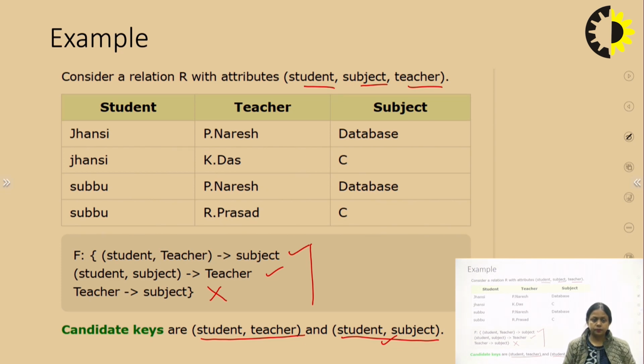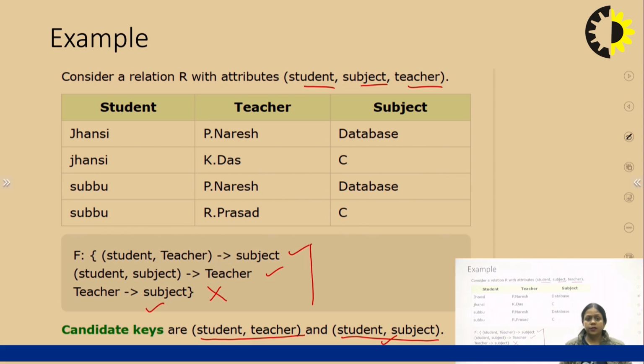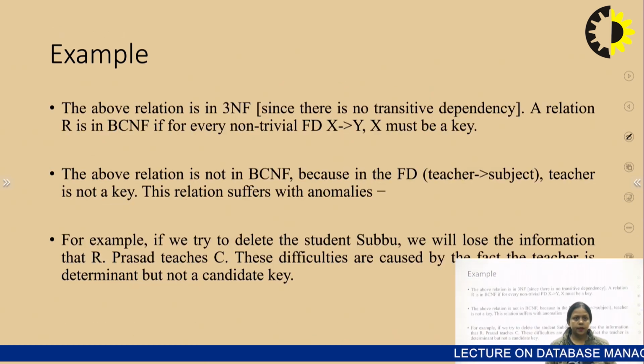Fine. So to convert this table into the BCNF form, we have to decompose the table into two tables, and we have to remove this particular functional dependency. Okay. So how will we remove this functional dependency? The above relation is in the third normal form since there is no transitive dependency.